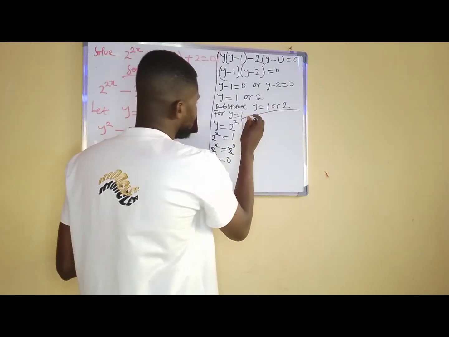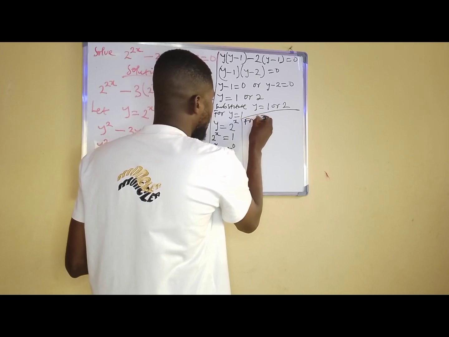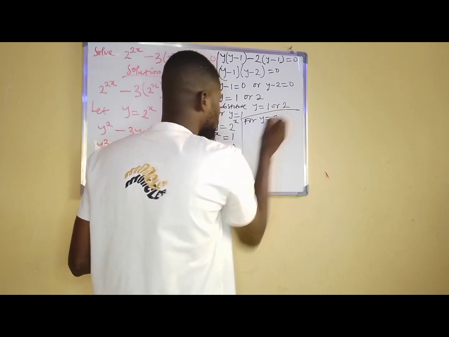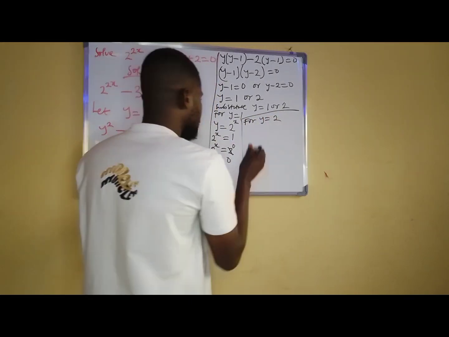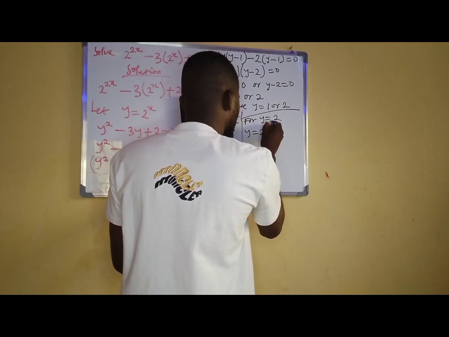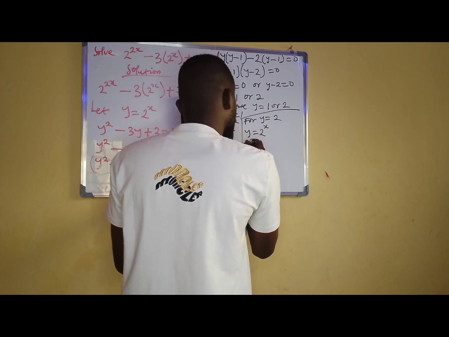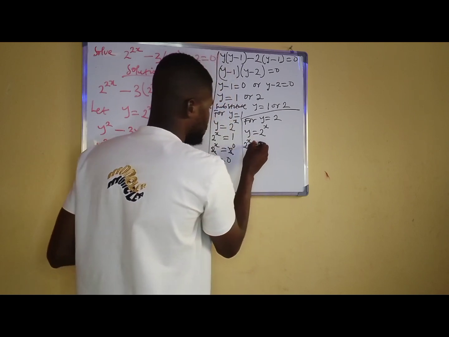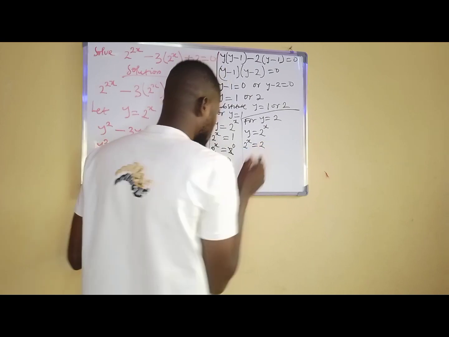From this point, we have that for y equal to 2, we do the same thing. That is, we substitute y equal to 2, so 2 raised to power x is equal to 2.